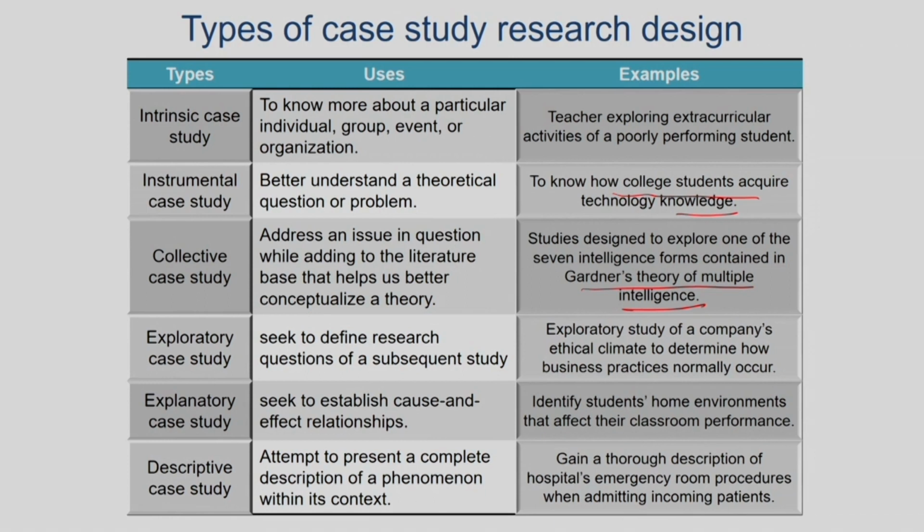Explanatory case studies seek to establish cause and effect relationships, and this is where the data gathering process focuses more on quantitative information, so that the cause and effect relationship can be established. An example of this could be identifying students' home environments that affect their classroom performance.